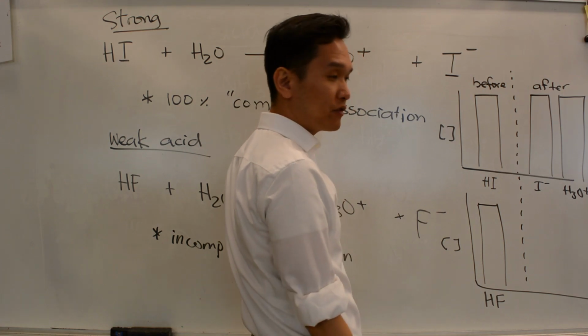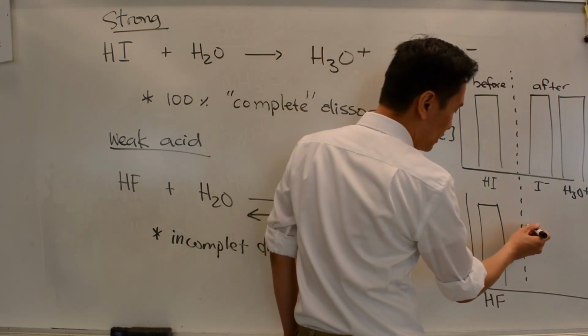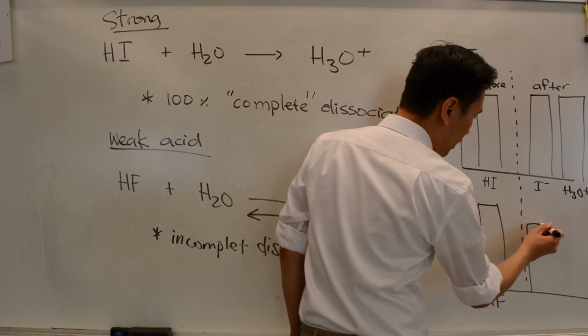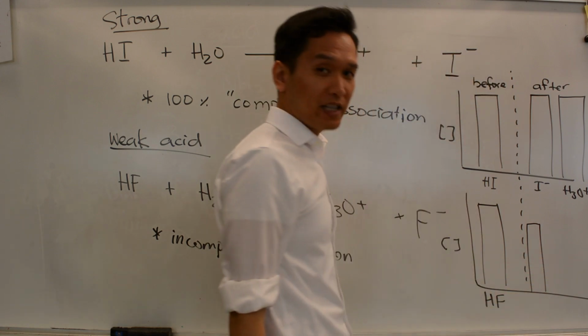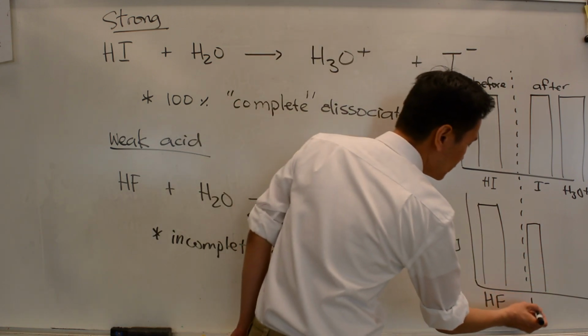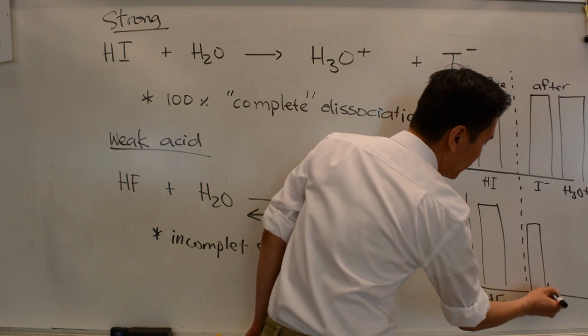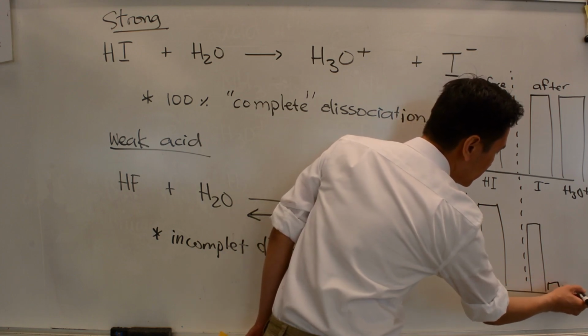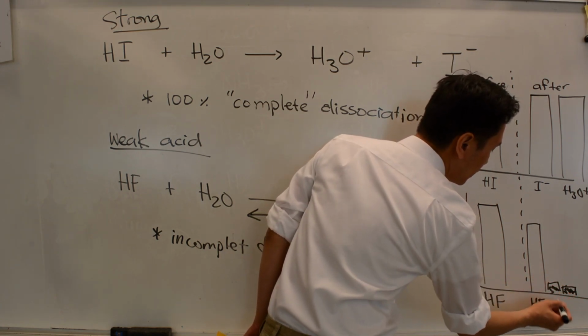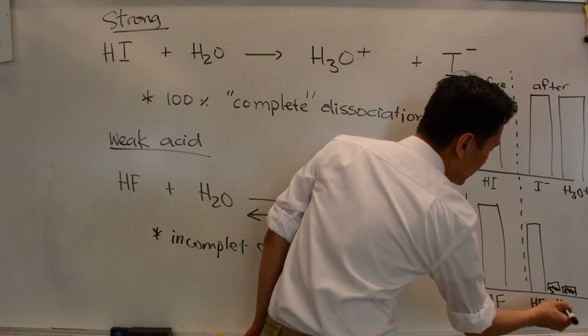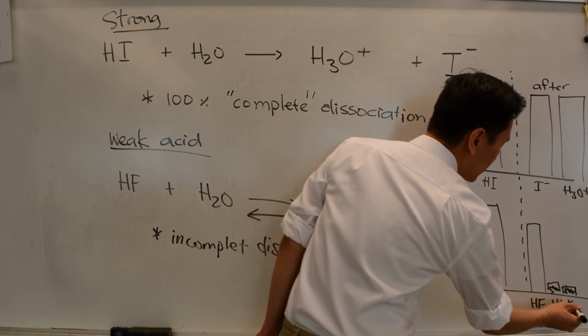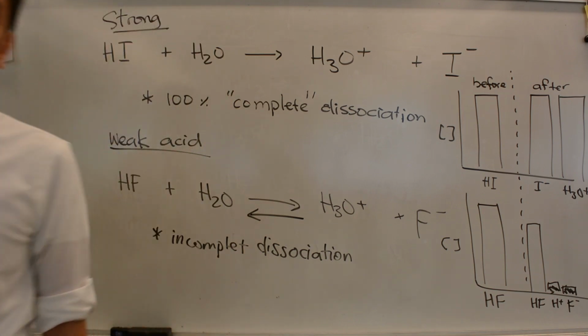What happens afterwards? It turns out that after putting in water, you still have a sizable amount of HF and very few of H plus or H3O plus and very few of F minuses.